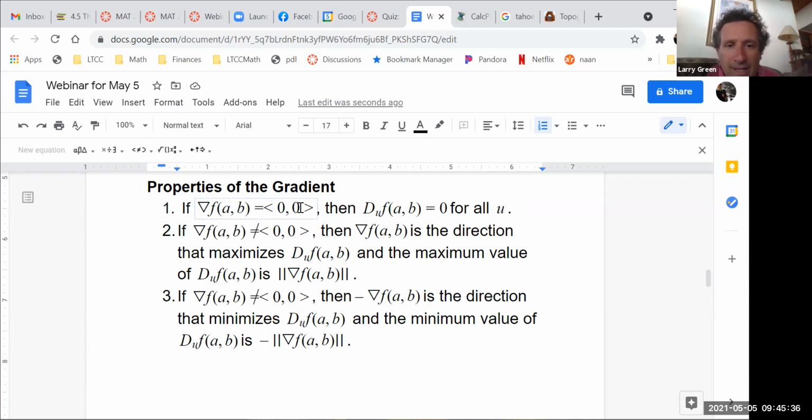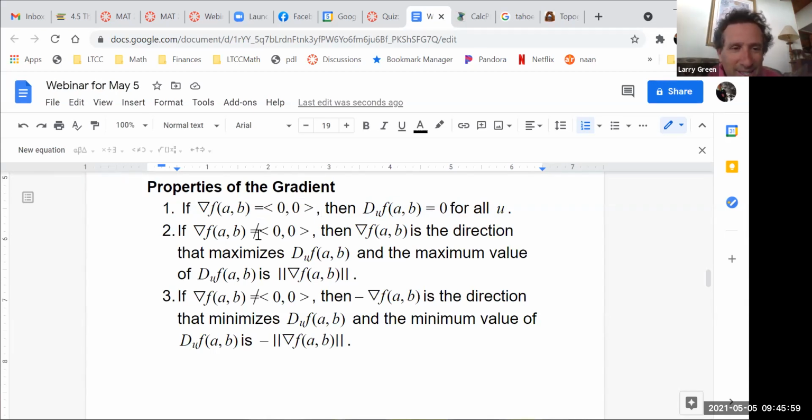So if the gradient is the 0 vector, then the directional derivative is always 0. Any questions on that? Okay. So this turns out to have a really, really important application, which I'm going to do next time.